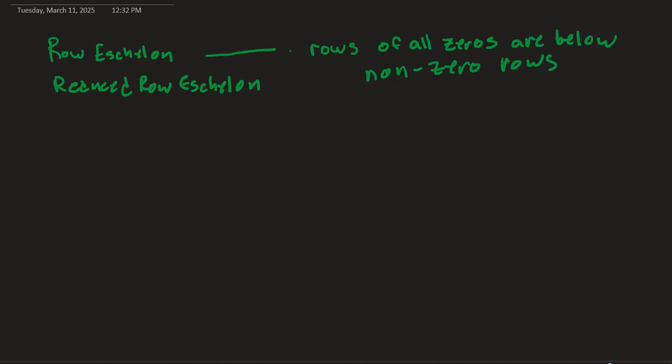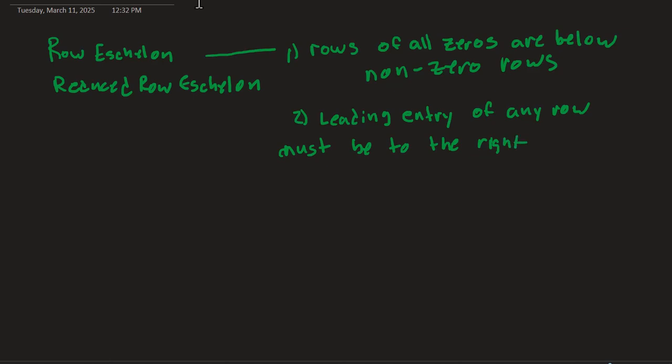And then the next thing that you need is that the leading entry of any row must be to the right of leading entries above it.